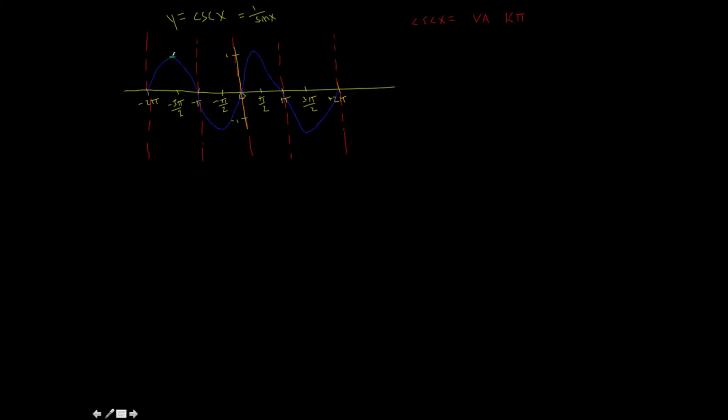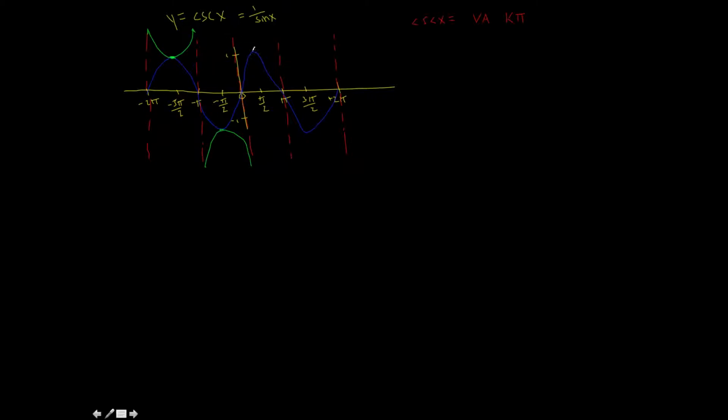So that means our graph, if this is a minimum point, is going to rise this way and rise this way, since it's a minimum point of our cosecant. Now notice, this is a minimum point on sine. When we flip it for cosecant, because we're doing the inverse, it's going to make it a maximum point of cosecant, which means it has to be at the top of the hill.